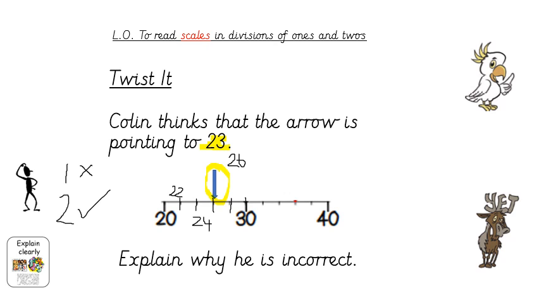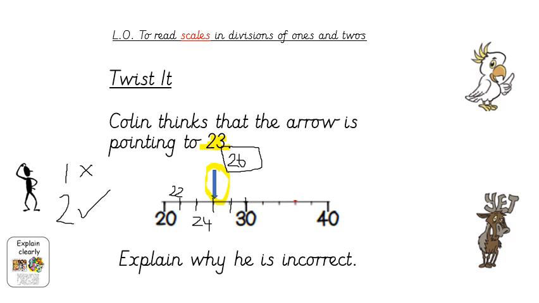So I would write here, Colin is incorrect because he has gone up in ones and the scale goes up in twos. The correct answer is 26. So that is my answer. Okay, it's quite long, but I've told you what Colin did wrong, what he should have done, and then what the answer is. And that's what you need to do in your twist it.